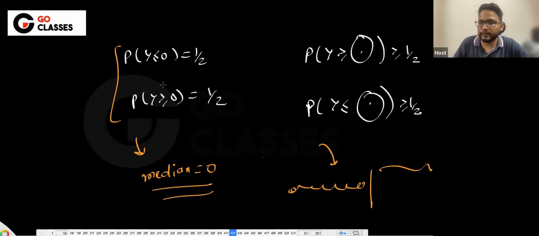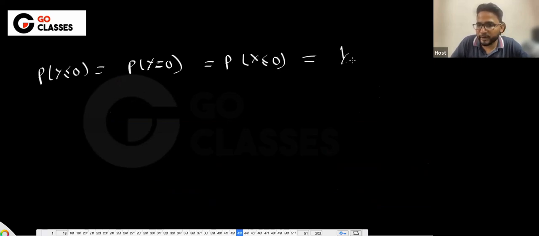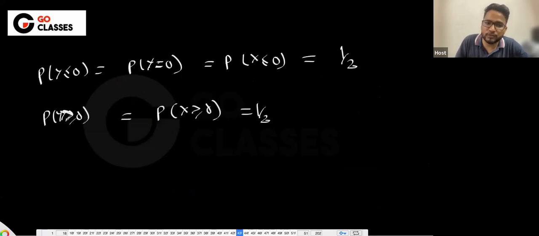Using our intuitive idea that Y less than or equal to 0 is the same as Y equal to 0, and Y will be 0 whenever X is less than or equal to 0. And that is 1/2 because it is a symmetric distribution. I mean, it is a normal distribution about 0. And Y greater than or equal to 0 is possible only when X is greater than or equal to 0. This is also 1/2. That is why 0 is the median.